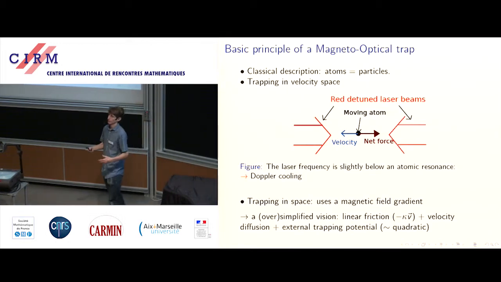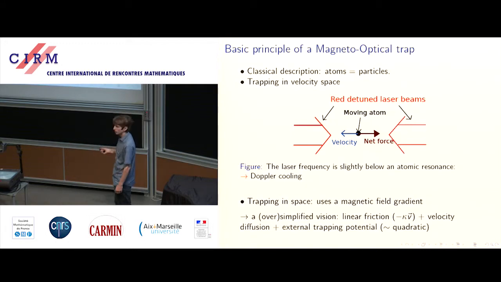If I average this process over a sufficient number of cycles of absorption and re-emission, I can model this by a kind of Brownian motion in velocity space. This is what I call here velocity diffusion. So these are the three basic effects happening in this trap. There is a linear friction. If there were only the linear friction, then the atoms would just cool down to zero temperature.